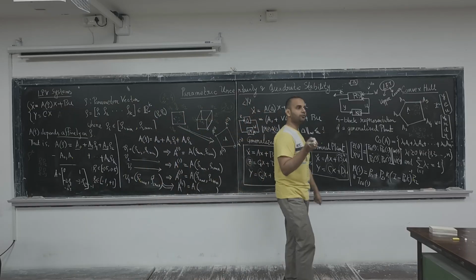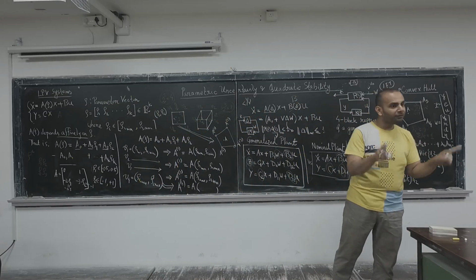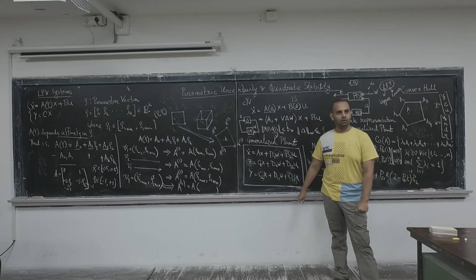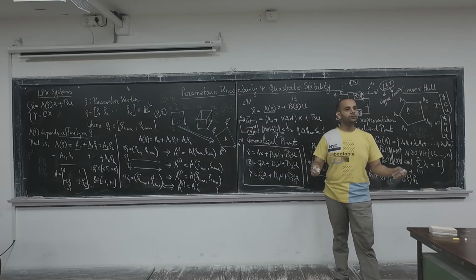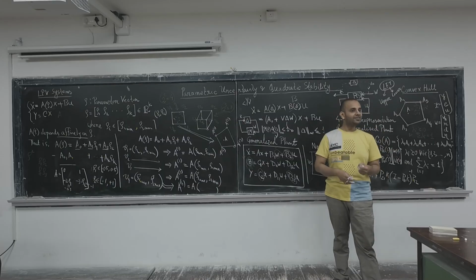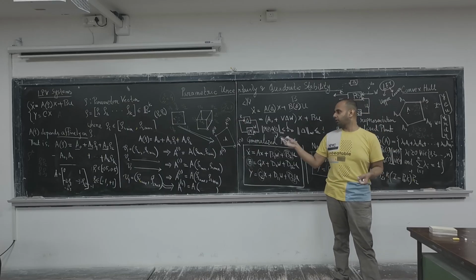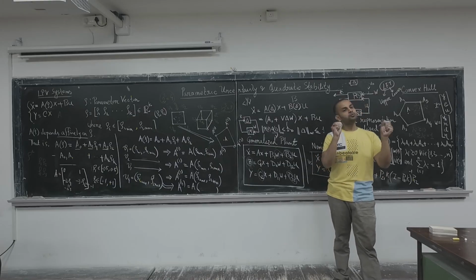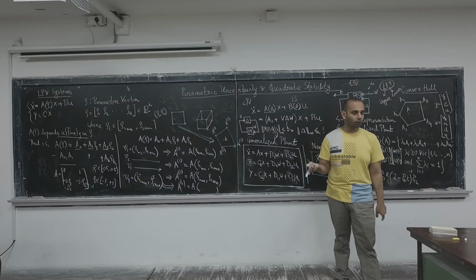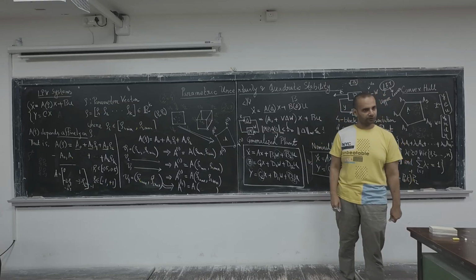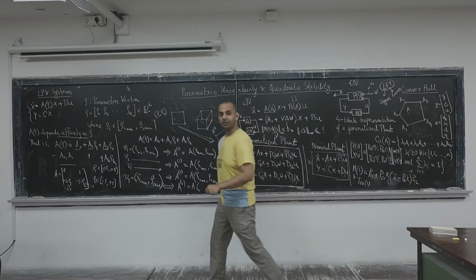That's why we are interested in forming a convex hull. Otherwise, if you construct a larger space, it would have accommodated many more A points, but certainly then it would have lost the convexity.